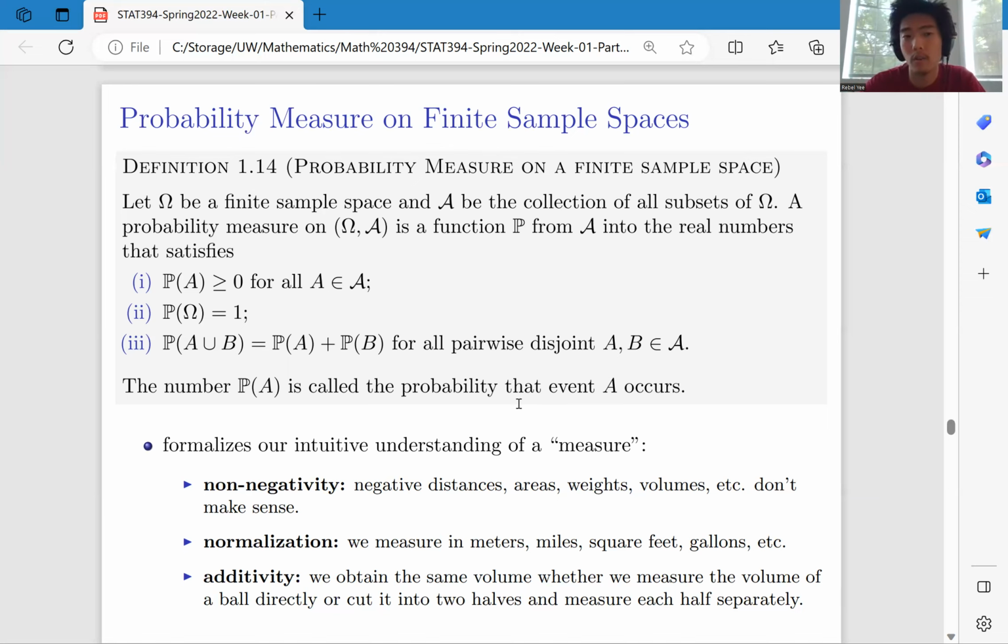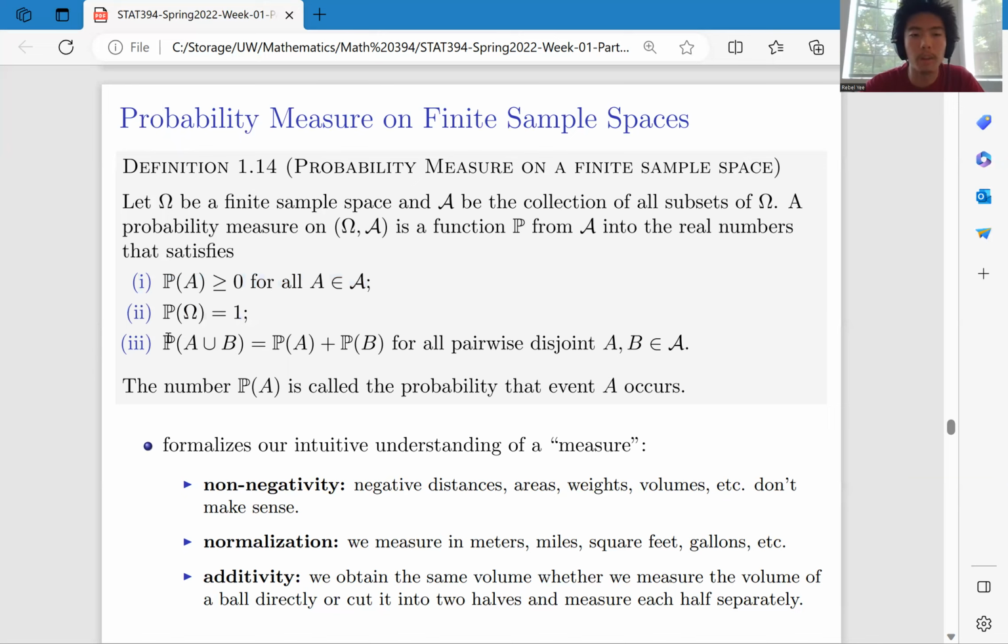But a probability measure must satisfy these three properties. The first one is that for all the events in F, or the power set, the probability must be greater than or equal to 0. The second is that the probability of the sample space omega is equal to 1.